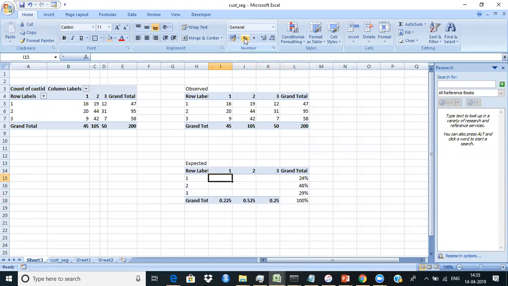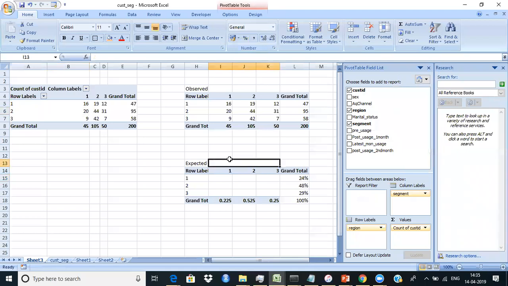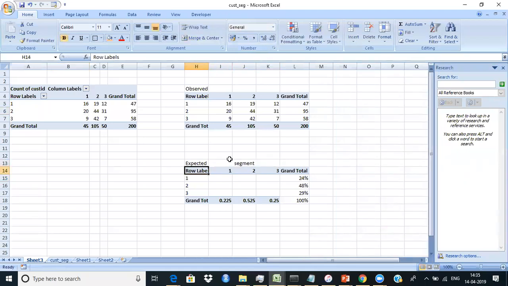So for example, if the probability of me getting a head is 0.5 and probability of raining today is 0.1, what is the probability of me getting a head and raining today? 0.5 into 0.1? Okay. Why? Because me getting a head and today raining are independent. If region and segments were independent, the columns are segments, and these are regions. Do you follow my point?